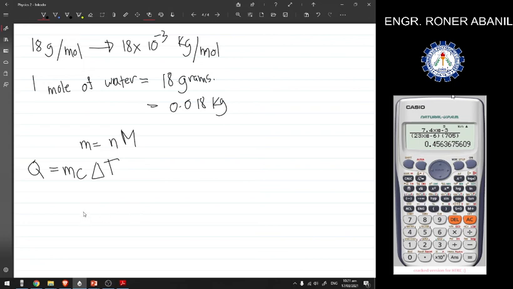So ngayon, i-replace natin tong maliit na m nitong malaking M saka number of moles. So magiging Q is equal to n malaking M, change ng temperature. Okay?